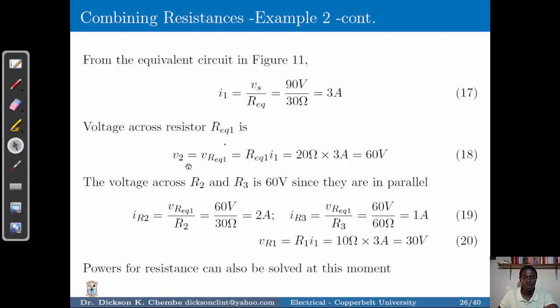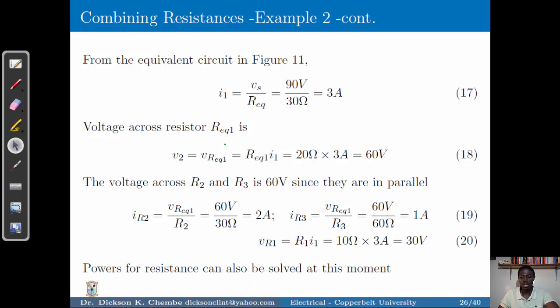The voltage across the 20 ohm resistor Req1 is, by Ohm's law, V equals IR. Therefore, the current multiplied by the resistance gives us 60 volts.